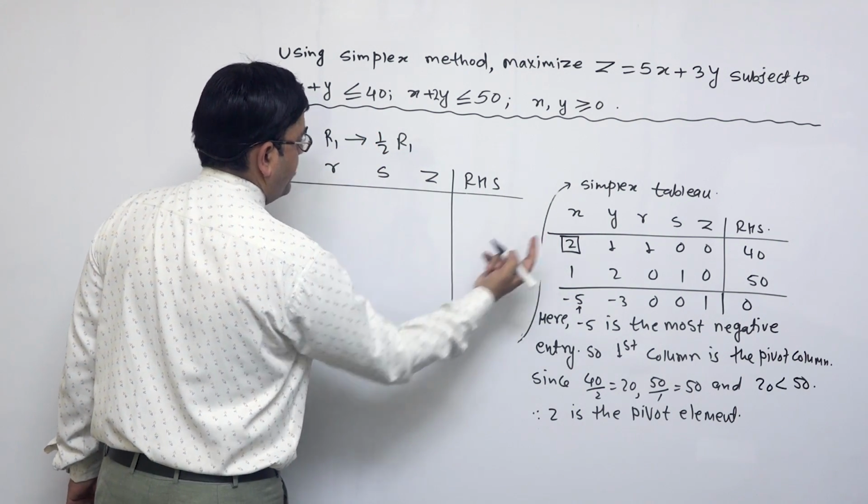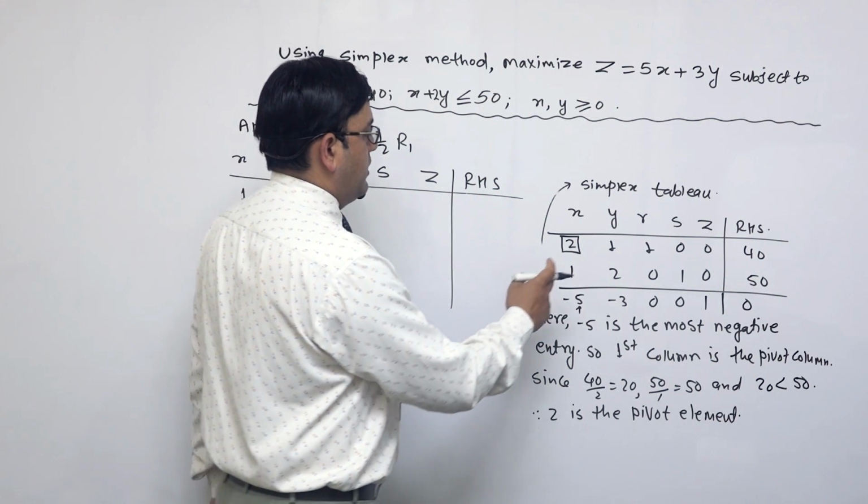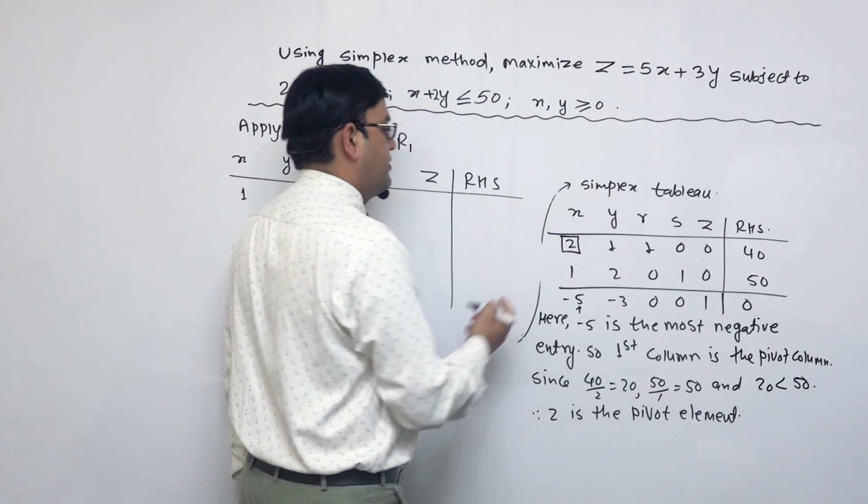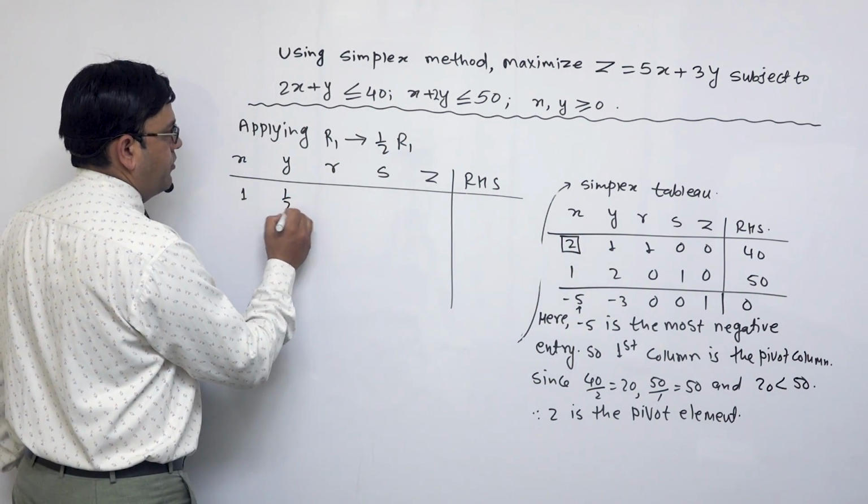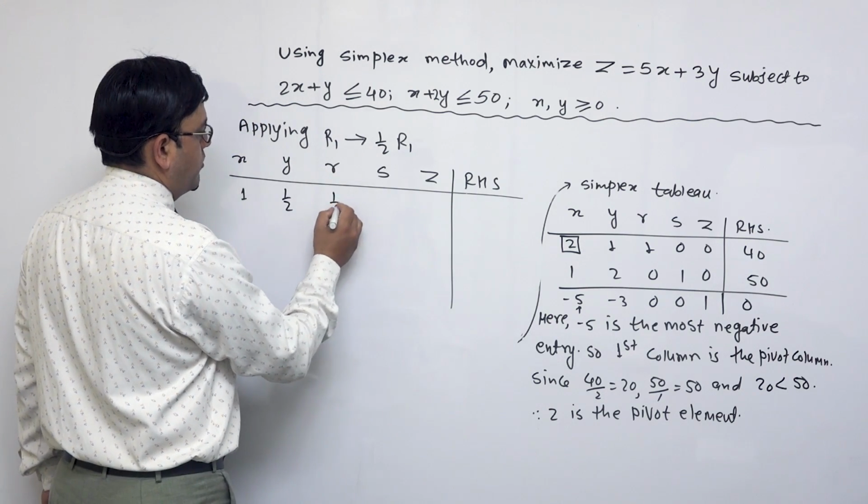So 1/2 times 2 is 1. Here 1/2 times 1 is 1/2, and R is also 1/2.